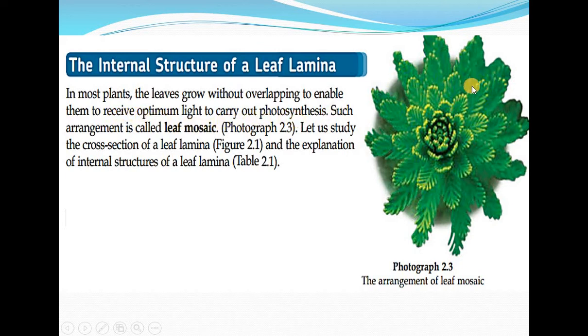What we can see here is that the leaves of the plant do not overlap each other. What is the purpose? To enable them to receive optimum light to carry out photosynthesis. This arrangement we call leaf mosaic.